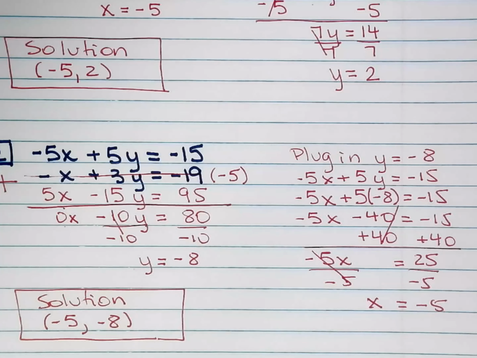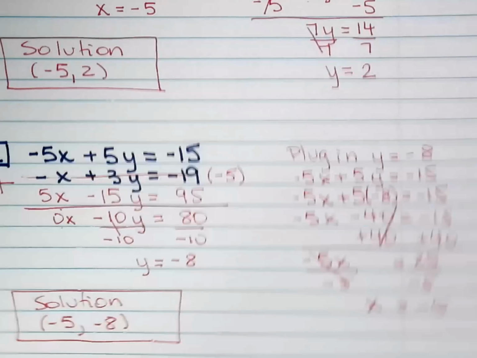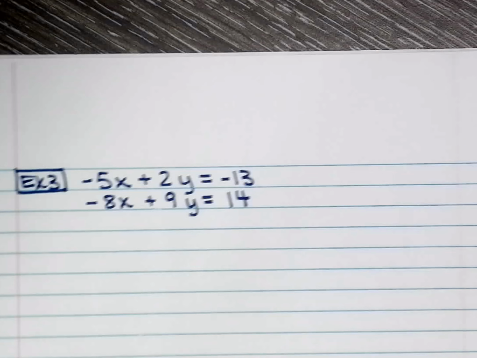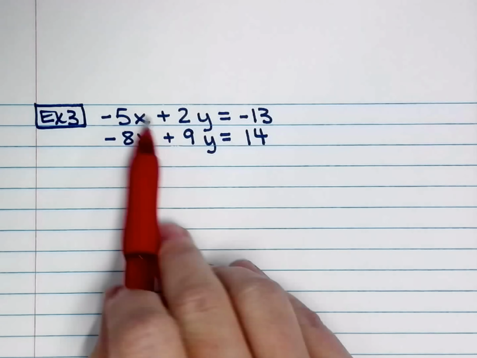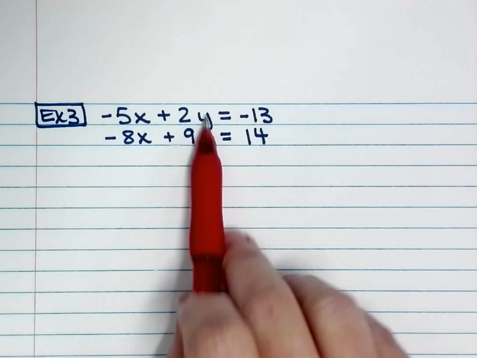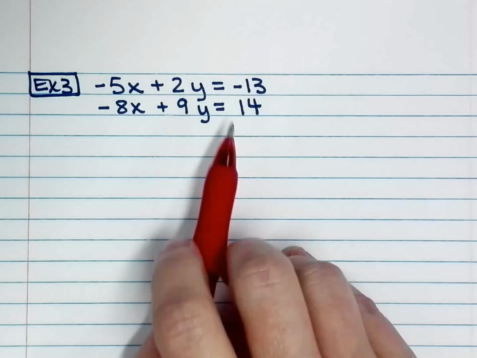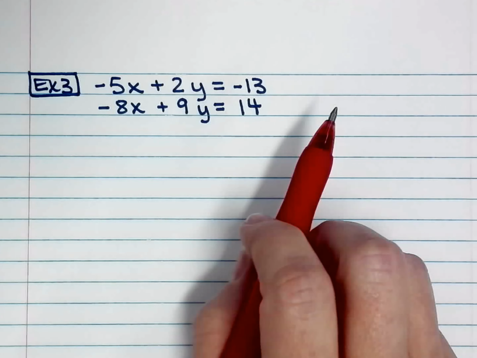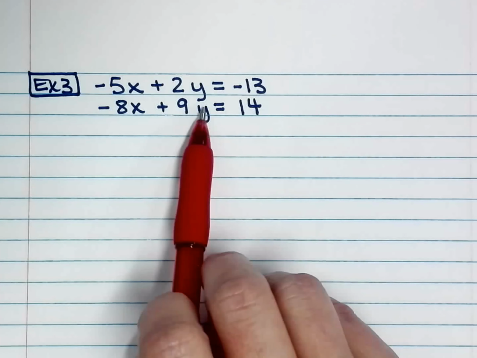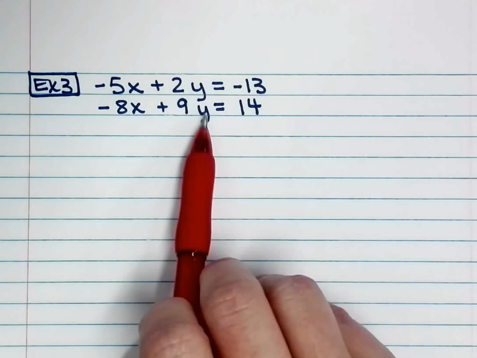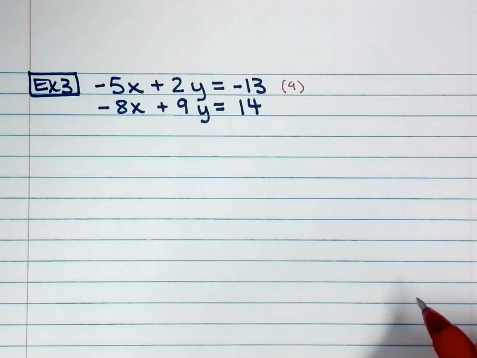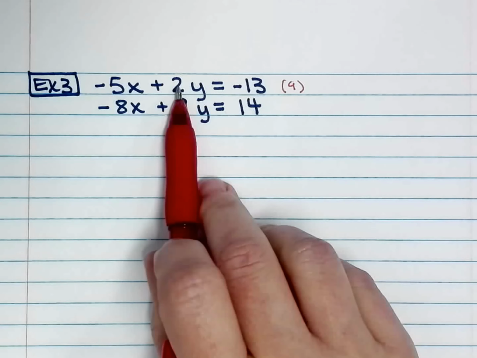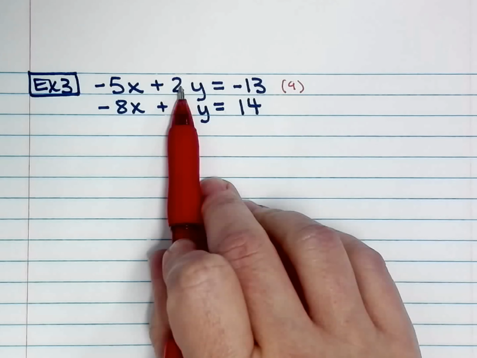So now we have one last example. Now this one is not too easy, because at this point I need to do things for both variables, because they're not easily eliminated by any means. So I'm going to focus on trying to eliminate y. If I were to multiply this top one by 9, I get 2 times 9, I get 18y.